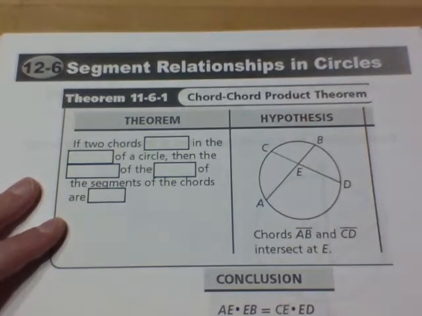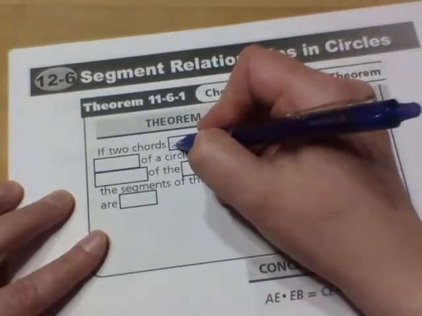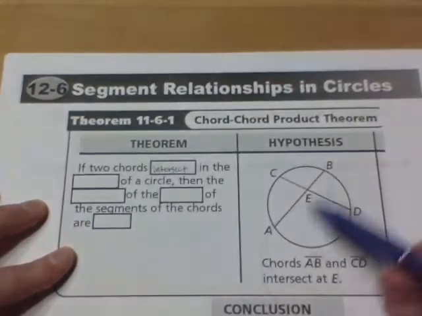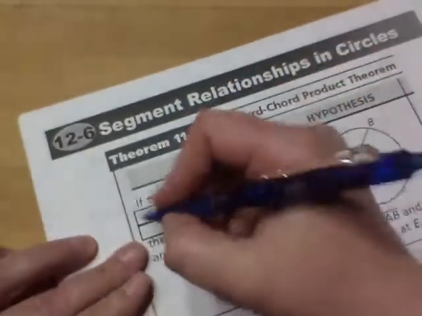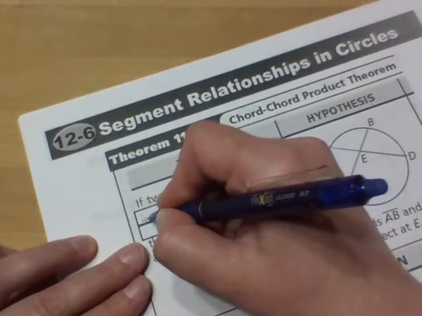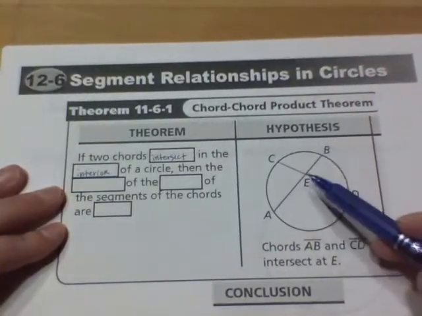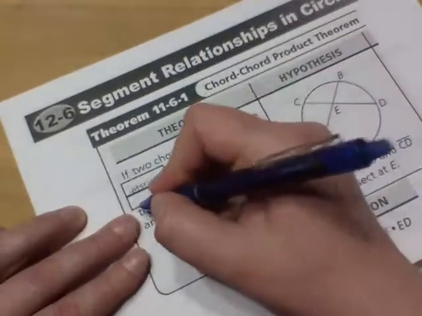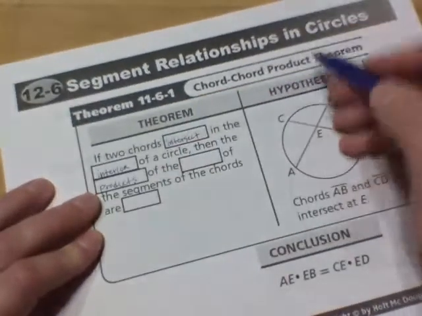So filling in our pieces here, if two chords intersect, so two chords intersecting in the interior of a circle, then the products, meaning multiplication, right?